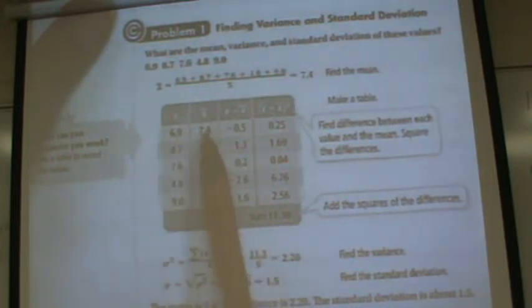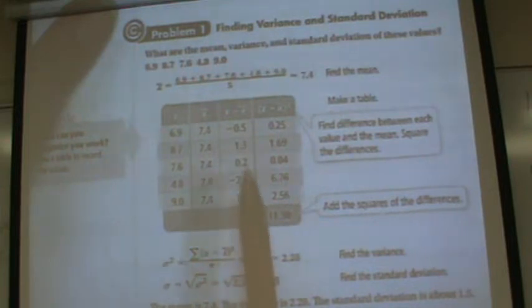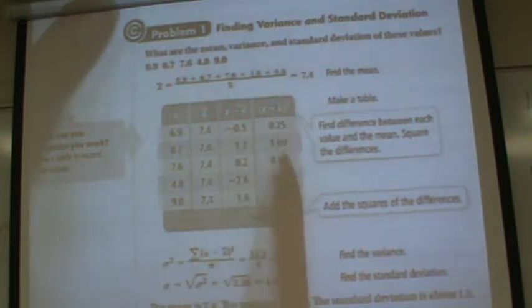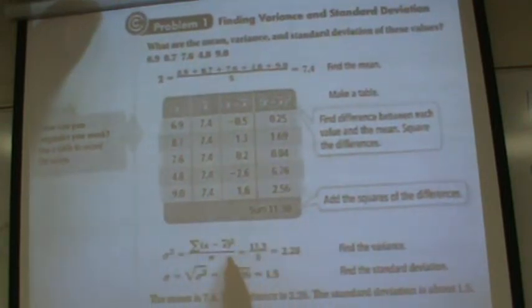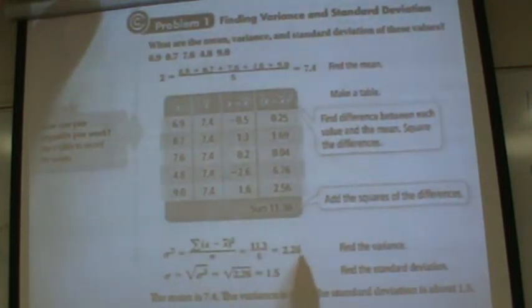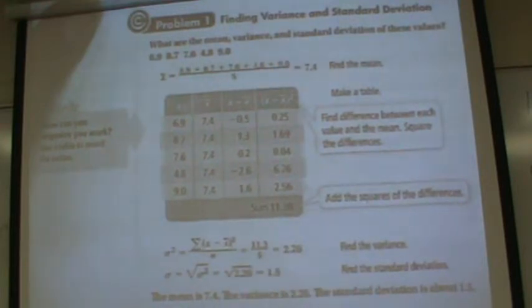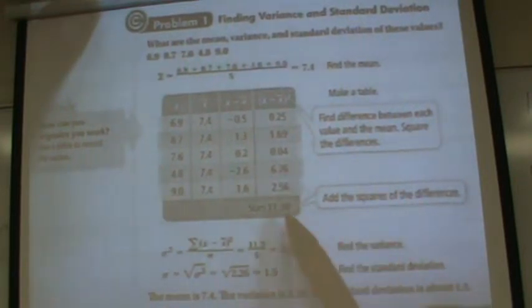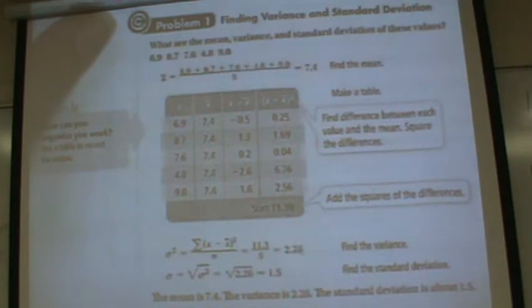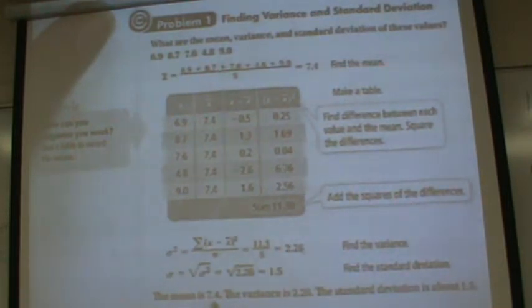So if you subtracted these two, you get these numbers right here. Then you square each of these numbers. And then if you sum them up and divide by n, that's going to be your variance. And you take the square root of that, and that's your standard deviation. Actually, I'm sorry, this is sigma squared, and then the square root of that is your standard deviation. So the mean is 7.4, the variance is 2.26, and the standard deviation is about 1.5.